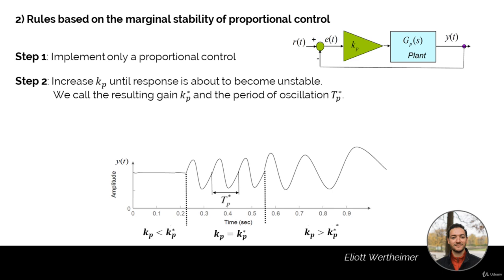So it's the exact point at which they are about to become unstable, exactly between decaying to a constant signal and increasing in amplitude towards infinity. And finally, if Kp is superior to Kp star, this means that the amplitude of the oscillations of our response increases to infinity, so the response becomes unstable.